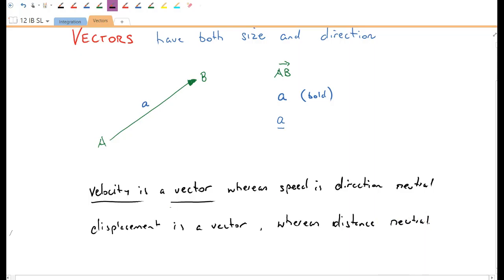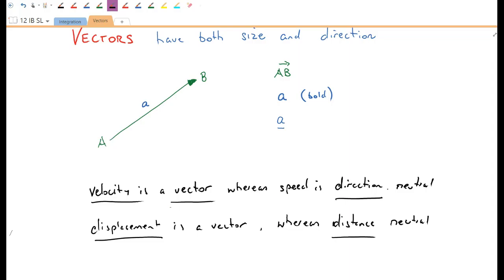Displacement tells you where something is in relation to a starting point, so it is directional and it can be negative. So displacement and velocity can both be negative, whereas distance and speed can't be. If you're talking about the distance of something, it can't be negative.